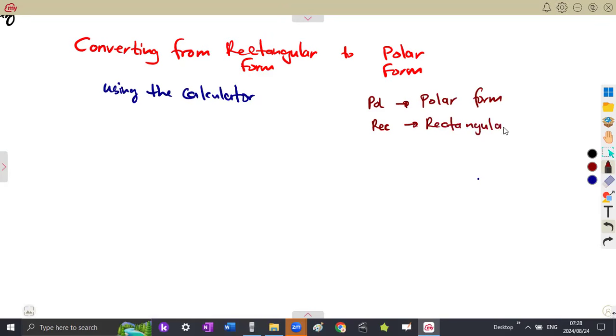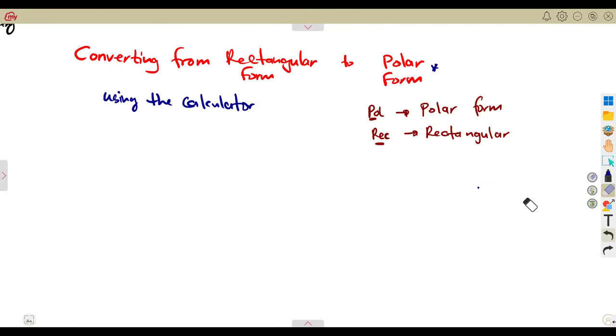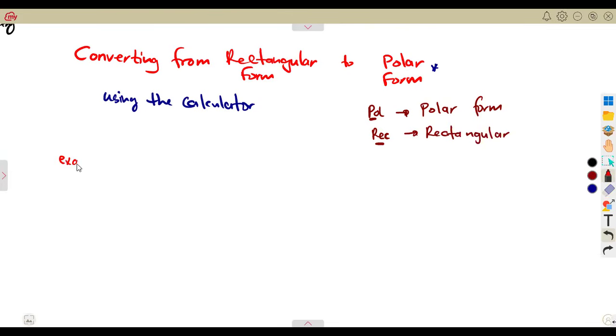As we need to convert to polar form, we are going to concentrate on what is written on the positive there. So how do I access this? Let's take an example. Just like I said, I am going to show you the steps as we move on. So let's just take an example.